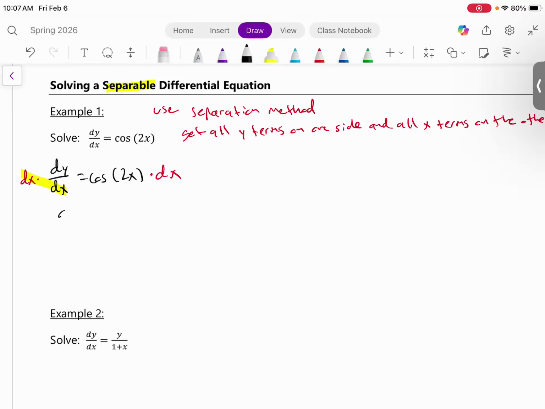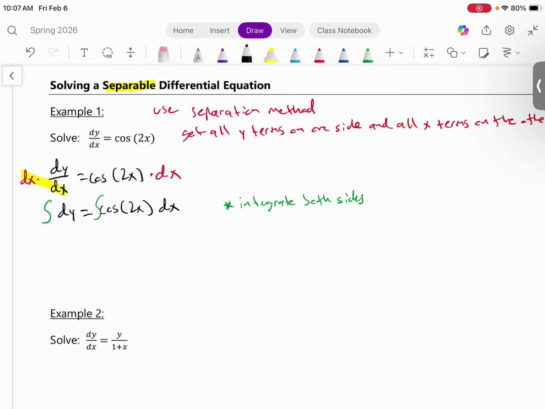What I'm left with is dy equals cosine of 2x dx. And now the goal is to integrate. All my y terms are on one side, all my x terms are on the other, so let's integrate both sides.